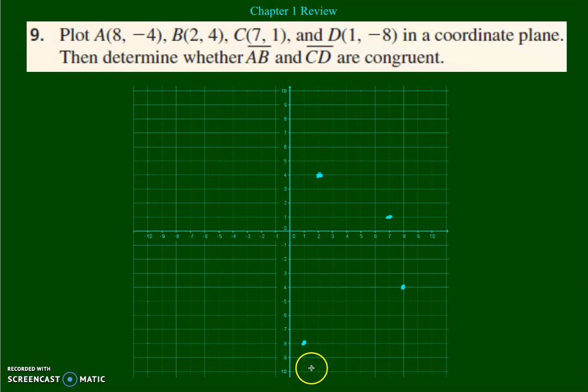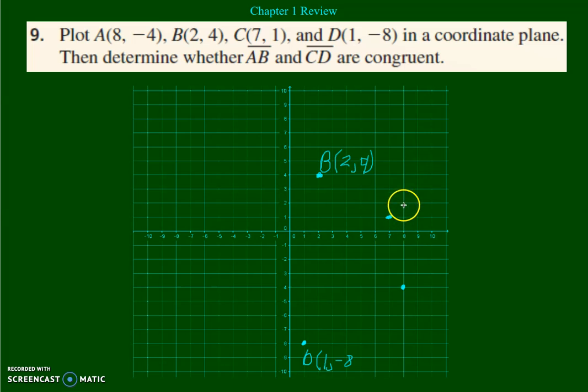Okay, so this is point D, which is (1, -8). This point is B, which is (2, 4).